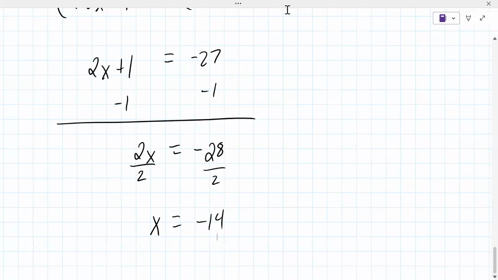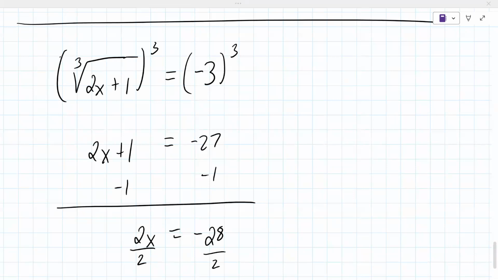Okay, let me write this down. Hold on, let me get this down because I've got to get you to do one all the way through on your own. I'm just going to rewrite the whole thing. Hold on.